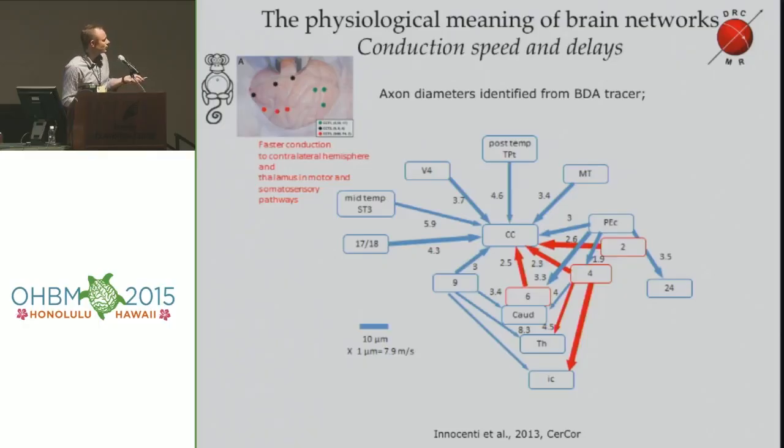They injected different tracers in the brain, looked at the distance from these tracers and at the axon diameters, and could start to map out this physiological meaning of white matter. They have shown that there are different conduction speeds and delays depending on the target region that a tract is approaching. You can read more about this, but generally the message is that motor pathways and contralateral projections are among the fastest connections in the brain.